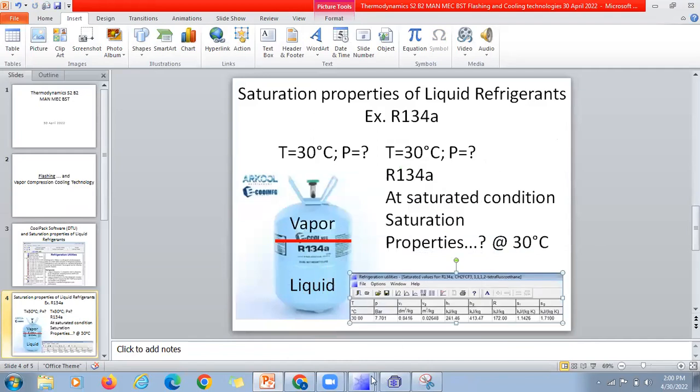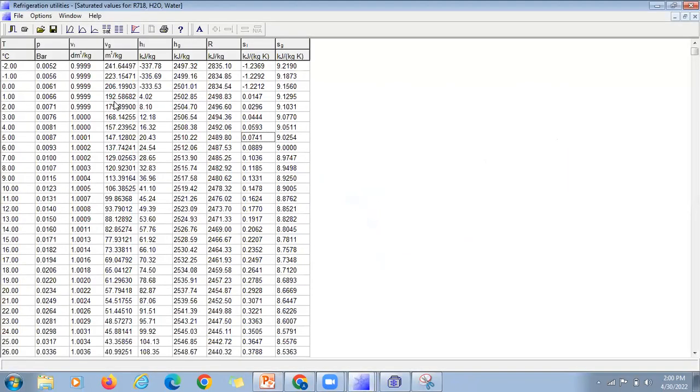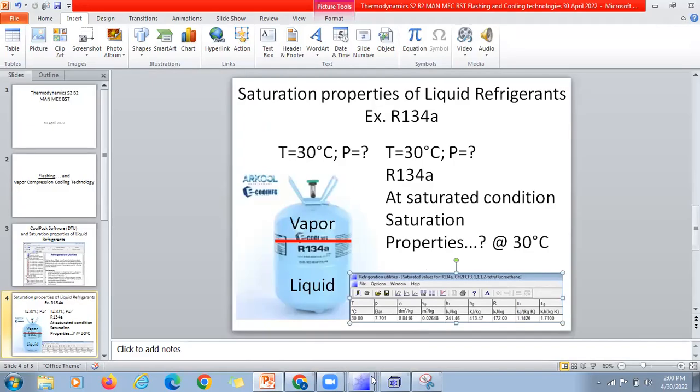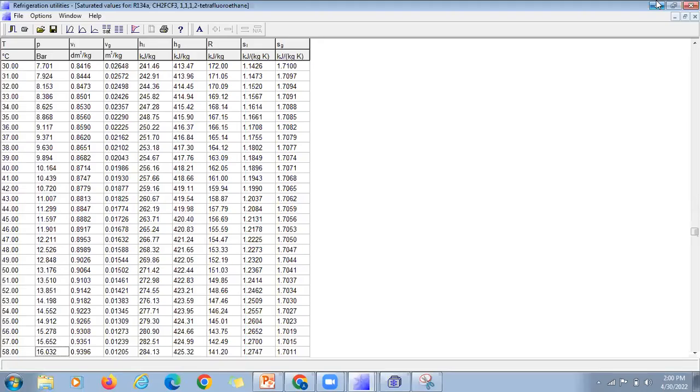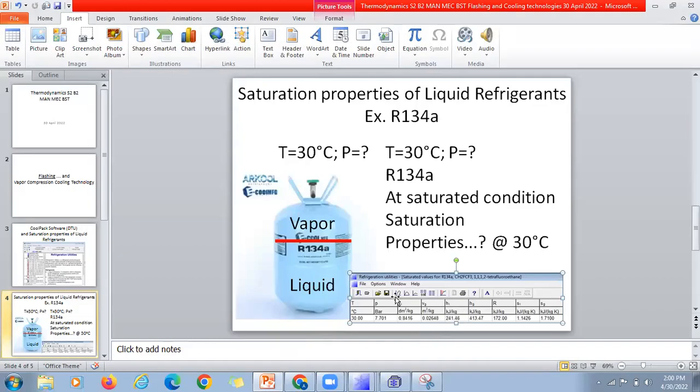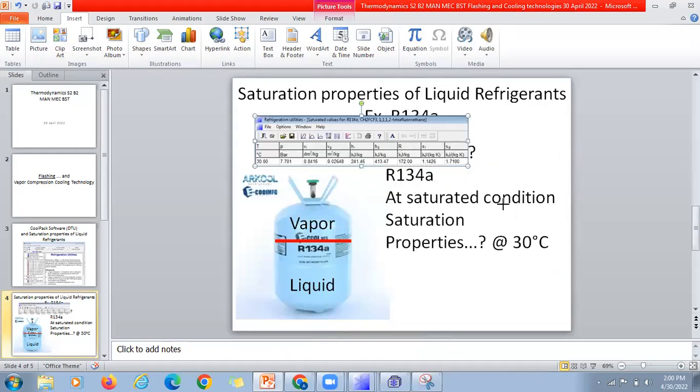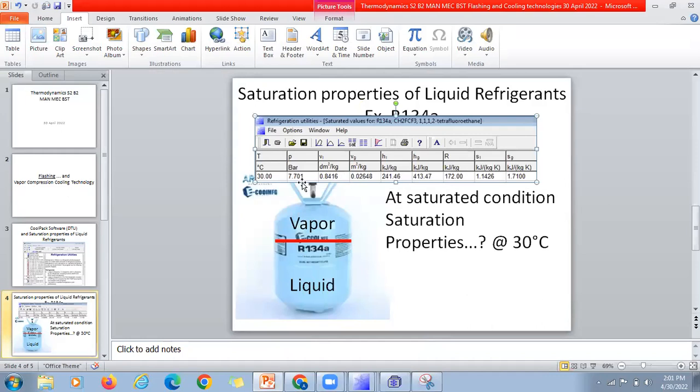At 30 degrees Celsius, that is 7.701 bar. You can see the pressure is 7.701.